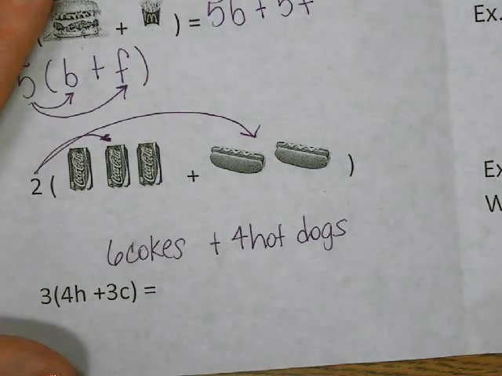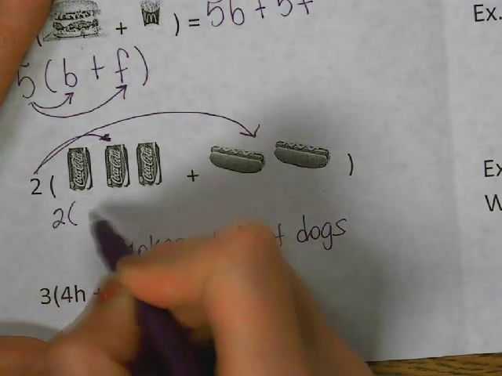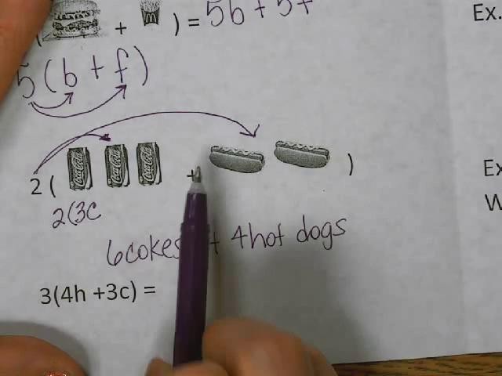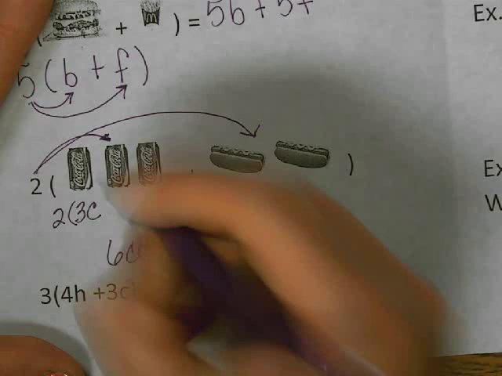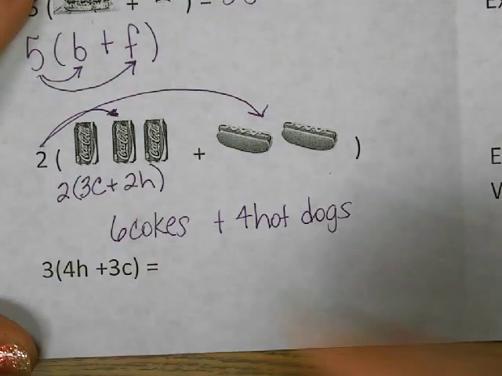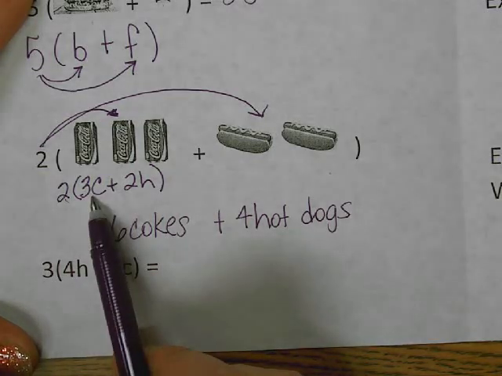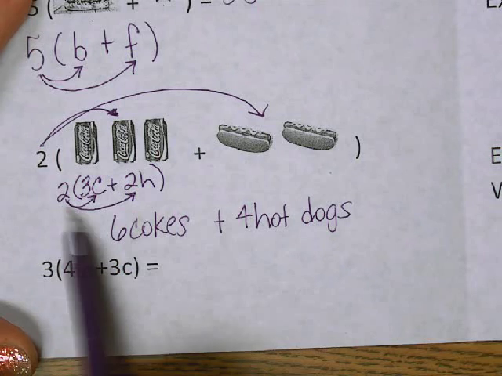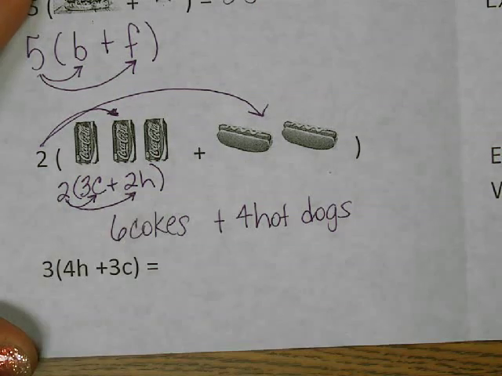Okay. Now, if I represented my sodas or my Cokes with a C, that's going to be 3C. And if I represented my hot dogs with an H, that would be 2H. And just like we did, 2 times 3 and 2 times 2.